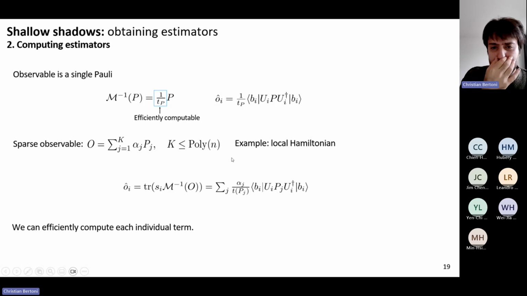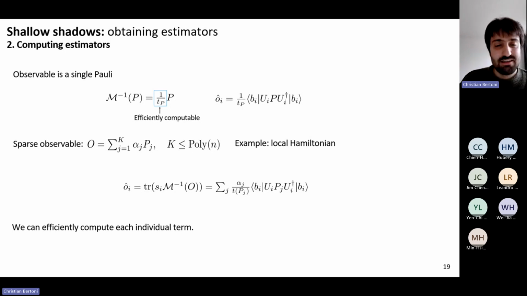And in this case, this straightforwardly generalizes because we can just compute it by linearity, and this is just polynomially many terms, and we can efficiently compute each individual term, and we get an estimation for these sparse observables. But this is far, far, far away from all possible interesting observables. There are many observables which are not captured by this.